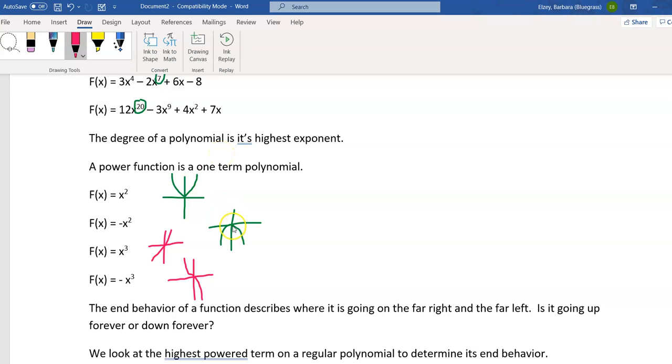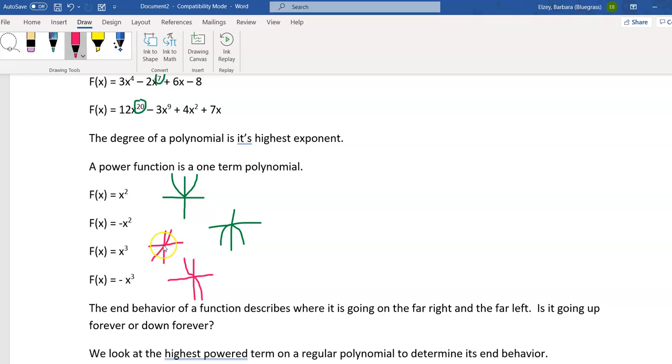On the other hand, if we look at this one, as my x values get bigger out here to the right, my y values are going down forever. So my x values are going to infinity, but my y values are going to negative infinity. And if we look at x cubed, as my x values get bigger out here on the right-hand side, my y values also get bigger. They go to infinity.